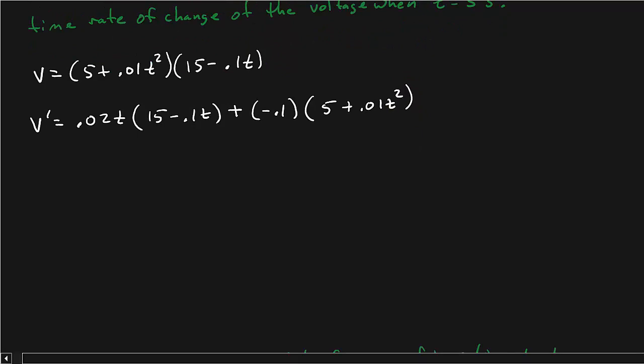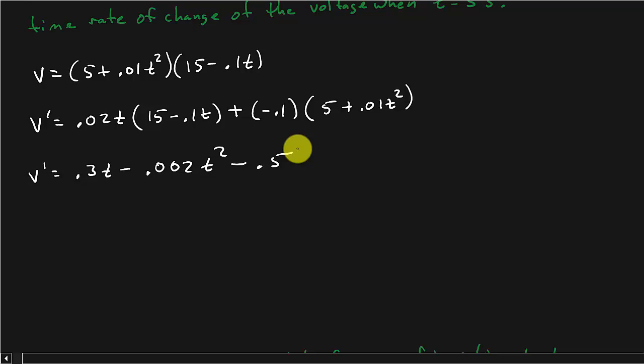All right, so now all we have to do is clear the parentheses and combine like terms. So I get V prime is, let's see, 0.02 times 15, that is going to be 0.3t, minus 0.02 times 0.1, which is 0.002 t squared, minus 0.5.